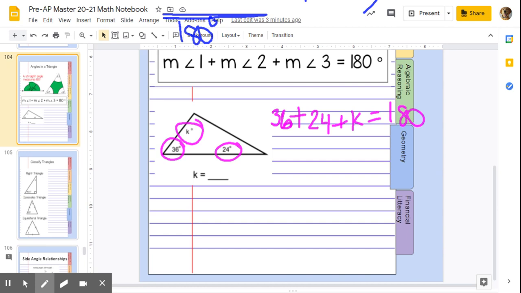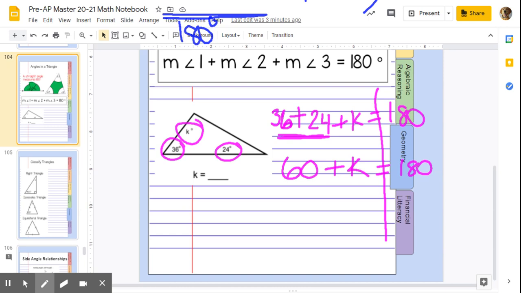And then we're going to solve it, just like our equations that we've been solving. So the first step I'm going to do is put these 2 numbers together. So I'm going to do 36 plus 24. So 36 plus 24 is 60. So we have 60 plus our K is equal to 180 degrees.